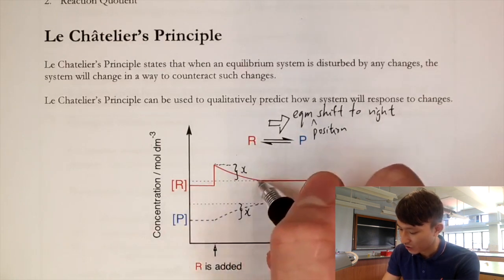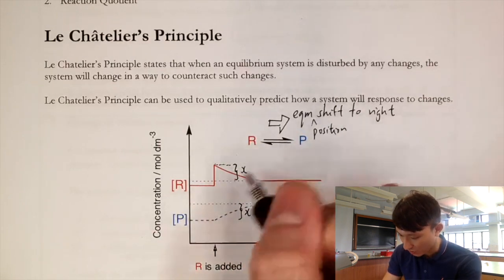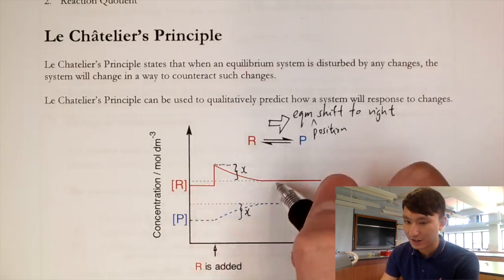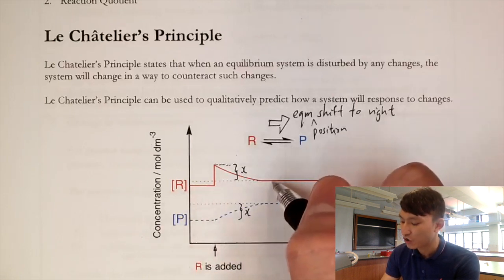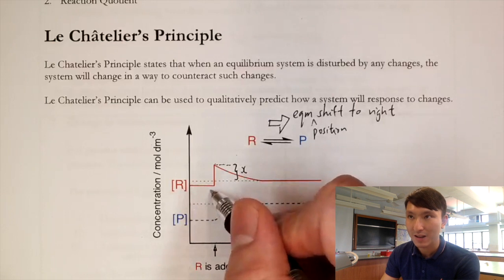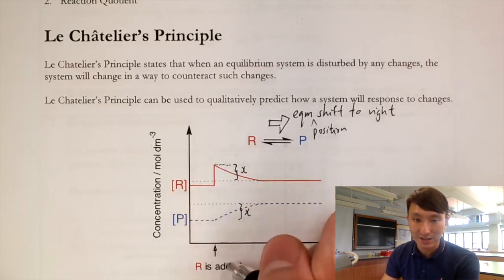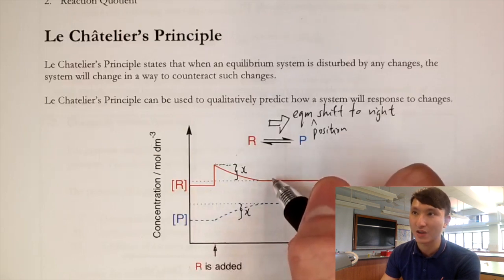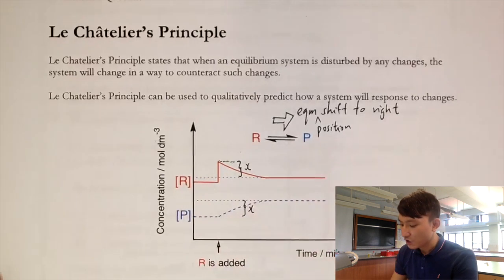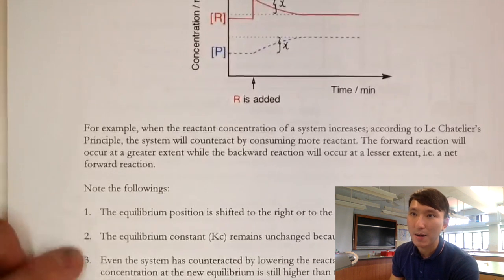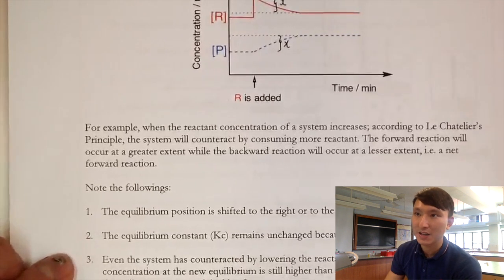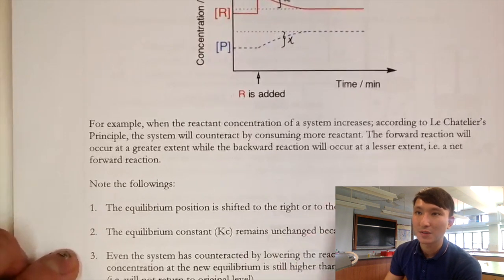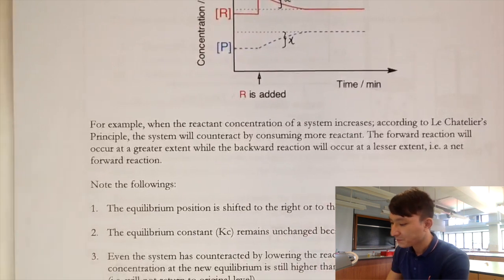So pay extra attention that if you are asked to draw this graph, make sure that at the new equilibrium, the concentration of R should be higher than the original, because we have added some R. It has to be an increase in R concentration at the end of the day, okay? So these are the three bullet points that I have just explained, so you can go through the words yourself.